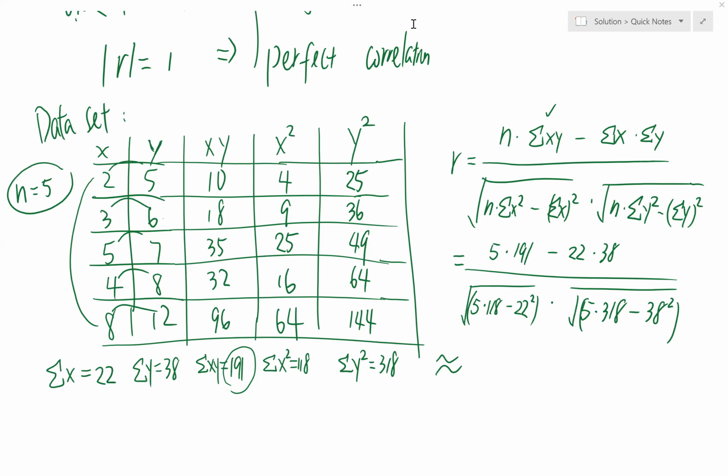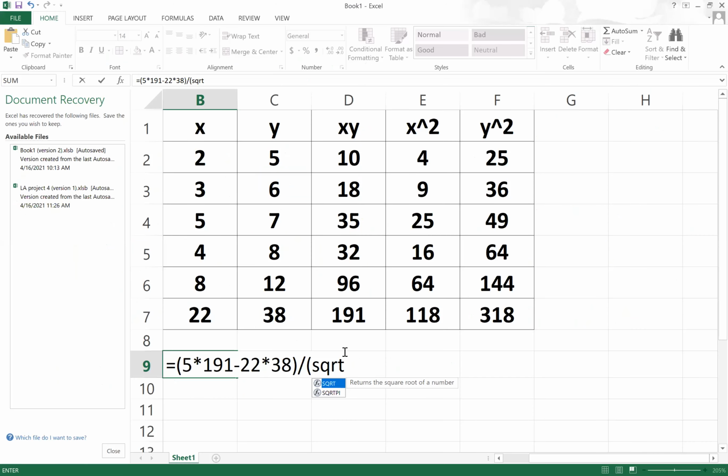Okay, now let's go back here. So for numerator, we have a sample size 5 times total of xy, right? Total of the product of xy, it's 191, minus total of x times total of y. So 22 times 38. And divide by the denominator, we put in a parentheses. So open parentheses, square root.